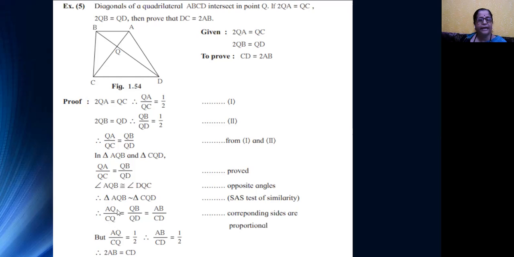Therefore, their corresponding sides are in proportion: AQ divided by CQ, QB divided by QD and AB divided by CD.